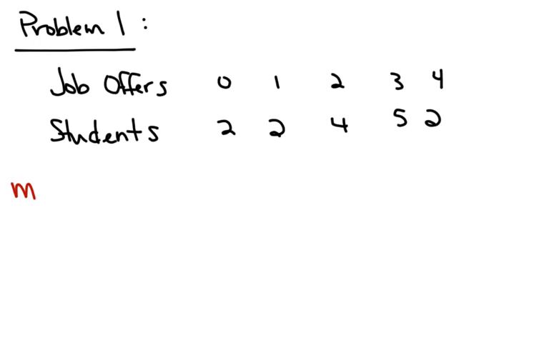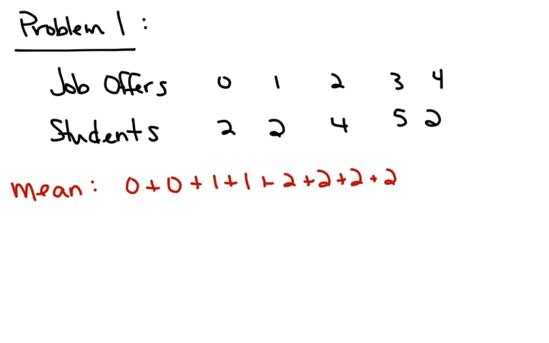So in order to find the mean, or the average, of the number of job offers, we're going to be adding 0 plus 0, plus 1 plus 1, plus 2 plus 2 plus 2 plus 2, plus 3 plus 3 plus 3 plus 3 plus 3, plus 4 plus 4.